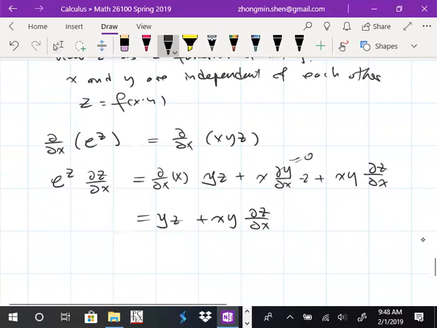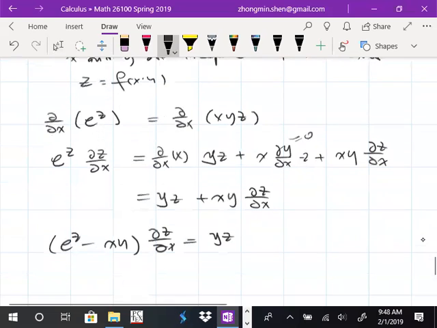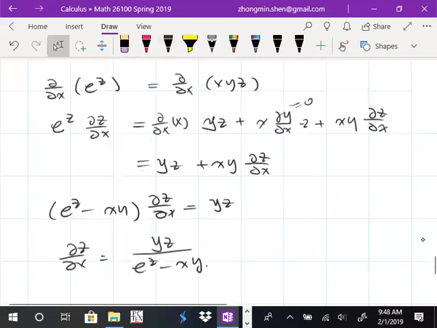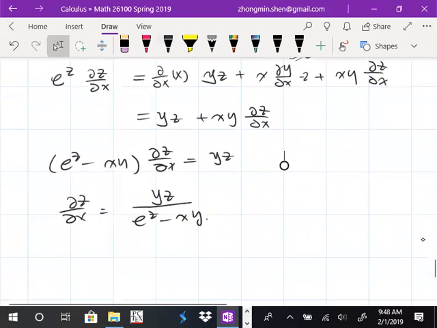You move this term to the left: e to the z minus x times y. So you solve the problem. These are just implicit differentiation.